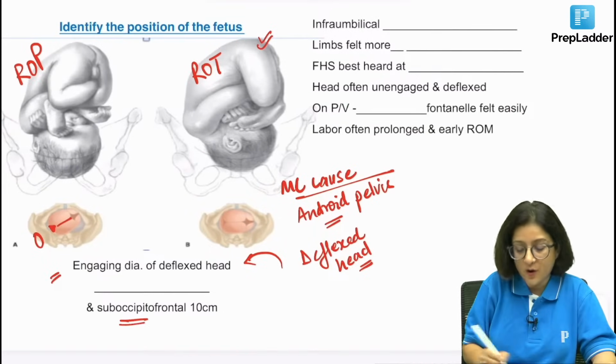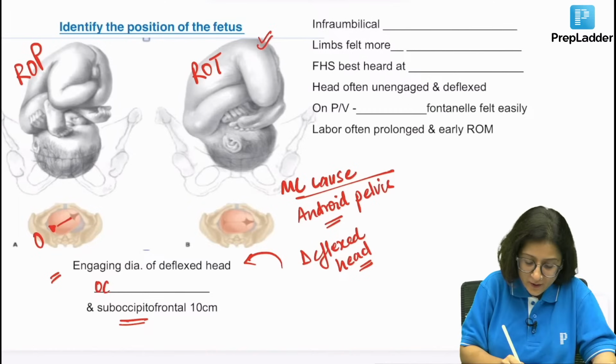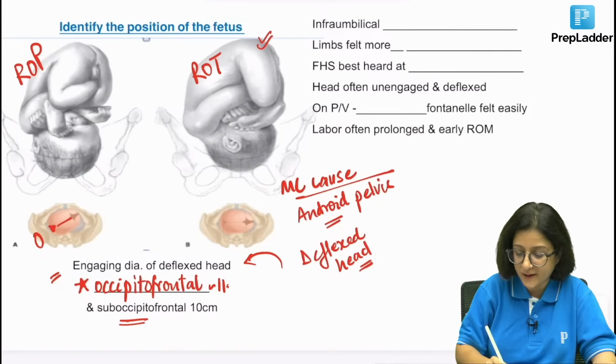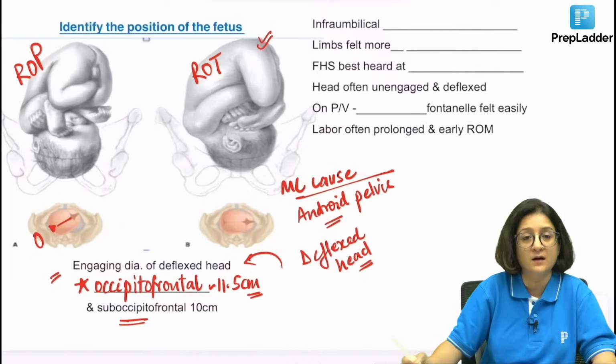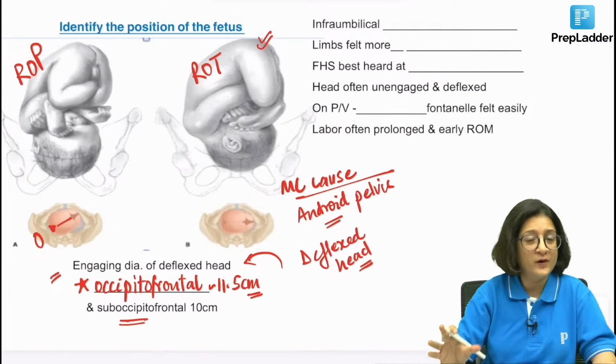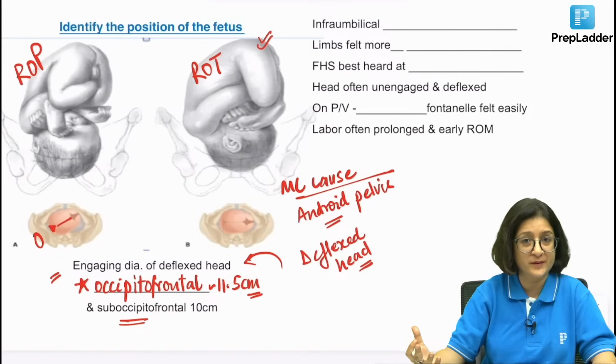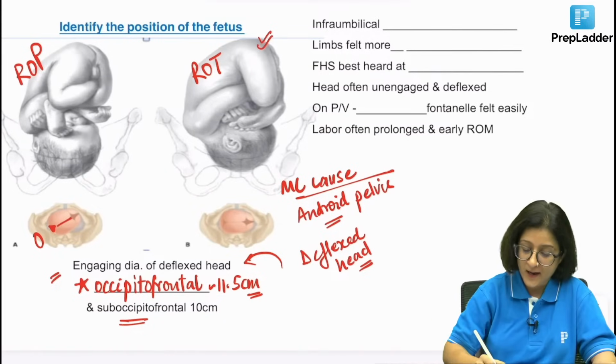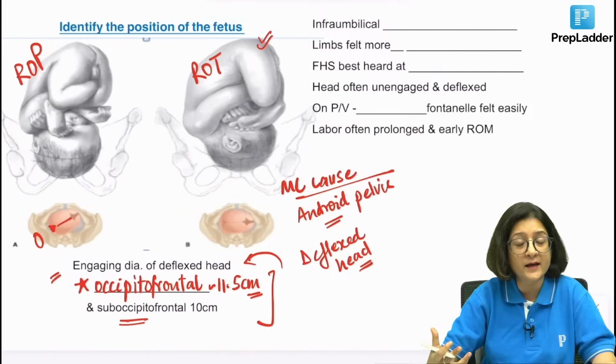It could be suboccipitofrontal, and more importantly, it could be occipitofrontal. That is the diameter that I want you to remember, occipitofrontal, which is much larger, 11.5 centimeter. It is not like the 9.5 centimeter suboccipitobregmatic diameter. A larger diameter is trying to engage.